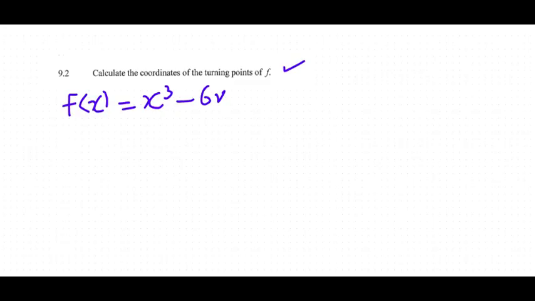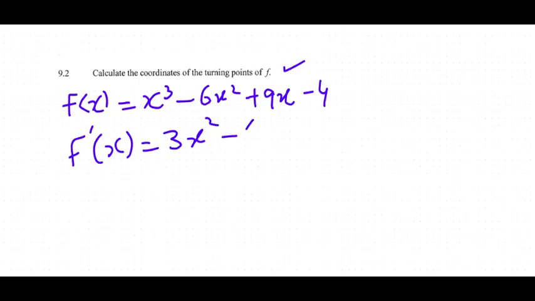I'm going to take the first derivative of this function. So the derivative f'(x) equals 3x squared minus 6 into 2x plus 9 into 1, and the constant becomes 0. So we get 3x squared minus 12x plus 9.